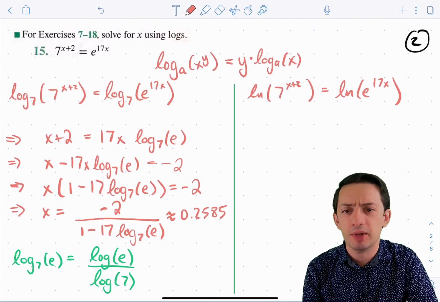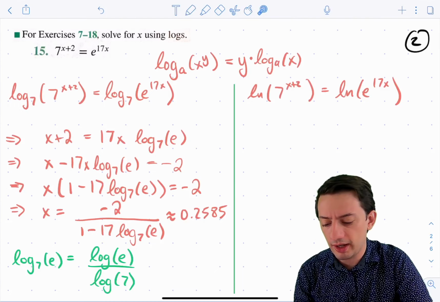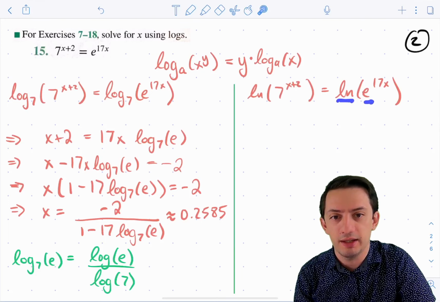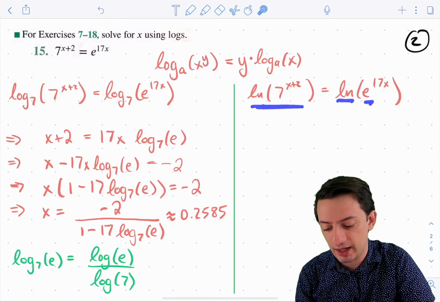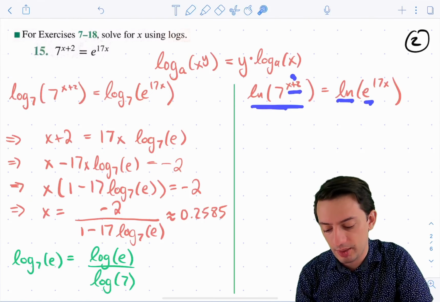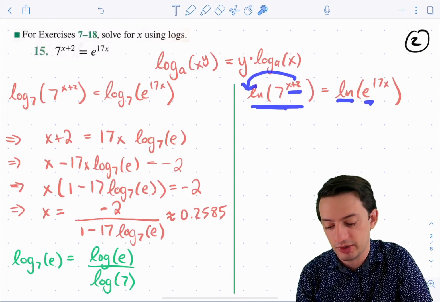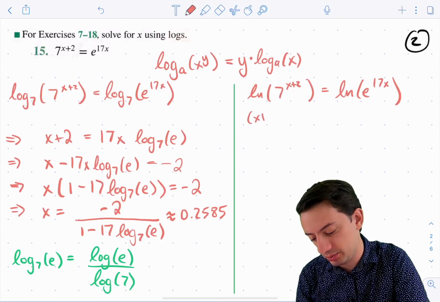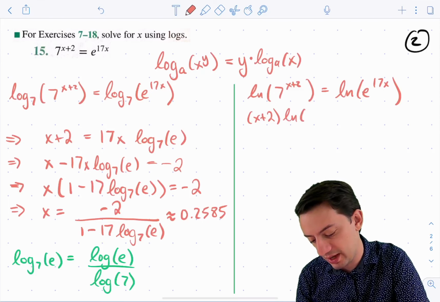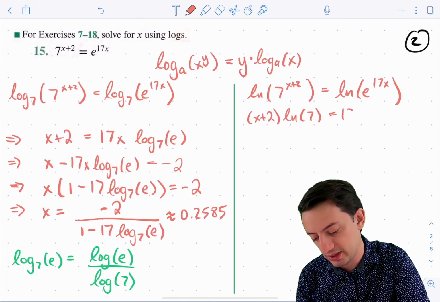Then we're going to follow the same kind of steps. On the right-hand side, the natural log and the e cancel. That leaves us with a 17x. On the left-hand side, we've got a power, and so that power can come out as a constant multiplier, just like this rule right here says. So that gives us x plus 2 times the natural log of 7 equals 17x.